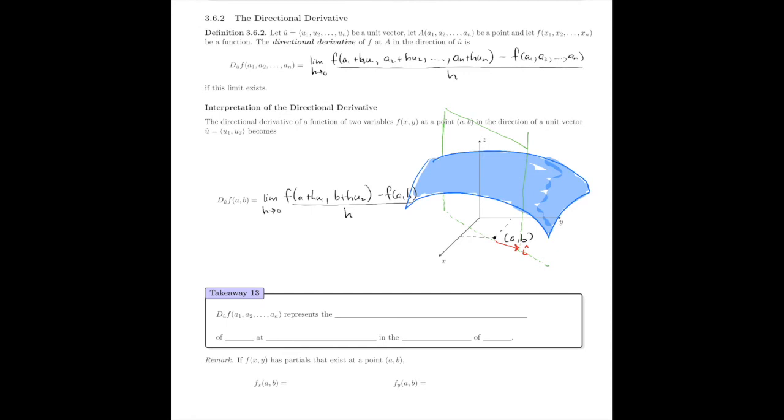So we again are going to get a curve of intersection. We'll have the image of our point (a, b) on that curve of intersection. And the directional derivative is going to give us the instantaneous rate of change of the function at the image point, (a, b, f(a, b)), in the direction of the û vector.